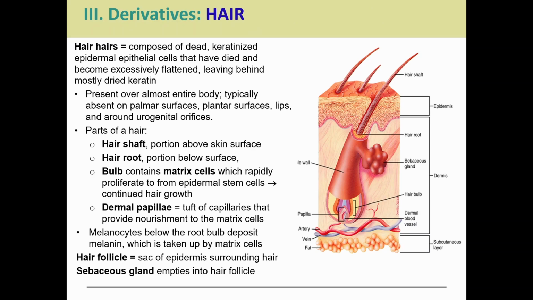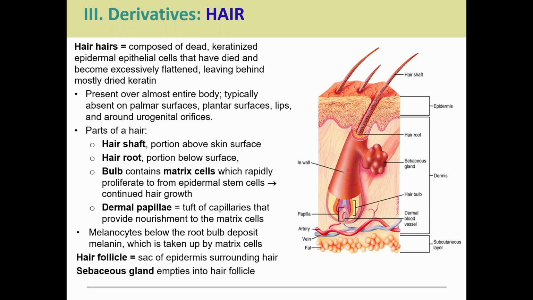So hairs, what are hairs? It's just basically a bunch of packed together dead keratinized epithelial cells that have just been flattened out, which means they're pretty much just dried keratin. There's almost nothing else there except for dried keratin. And we see these all over pretty much the entire body, right?